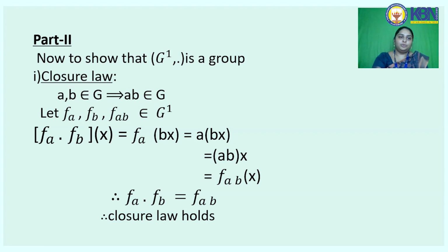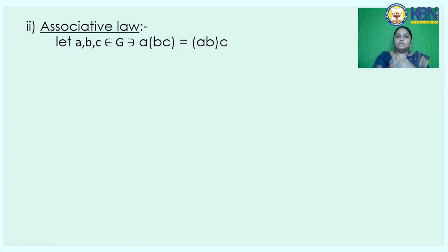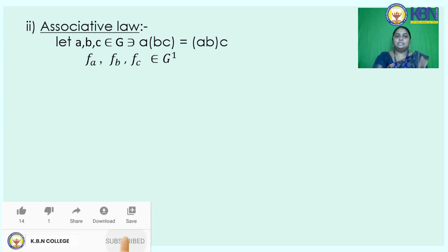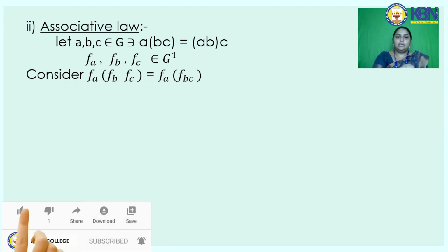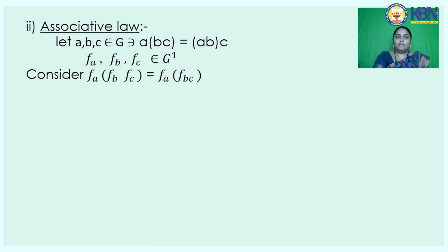Now, we have to prove that G dash satisfies the associative property. First of all, G is a group. Clearly it satisfies the associative law, that is, if any three elements a comma b comma c belong to G, we can write a into bc equal to ab into c. Now we have to prove that G dash satisfies the associative property. For that purpose, we take three mappings, that is Fa, Fb, Fc in the set G dash. Now we consider Fa into Fb into Fc.